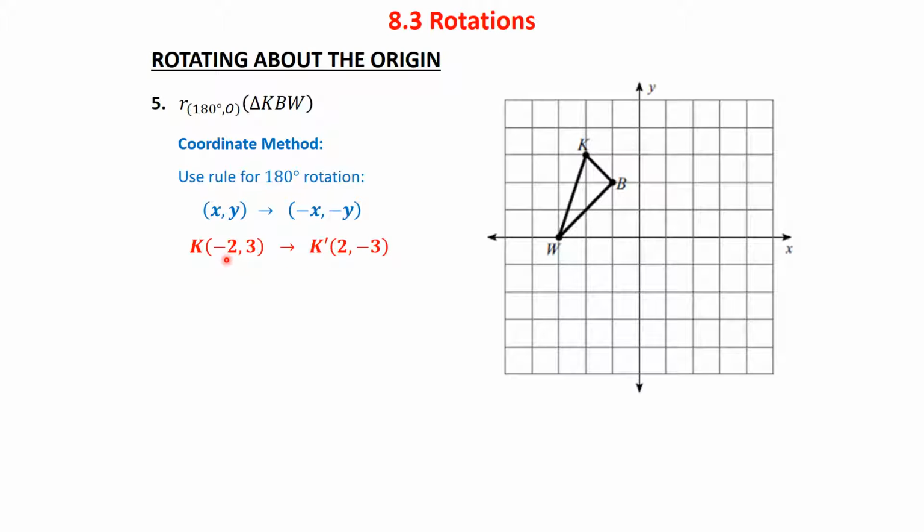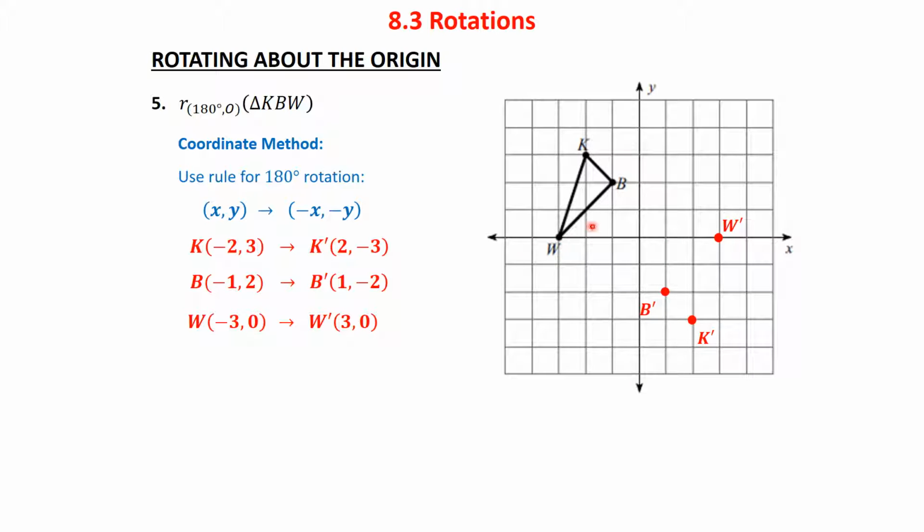So what was once negative is now positive. What was positive is now negative. The same can be done for point B and point W. So I multiply each one by -1, and on point B prime I get 1, -2. And I multiply W by -1, and I get my point at 3, 0.